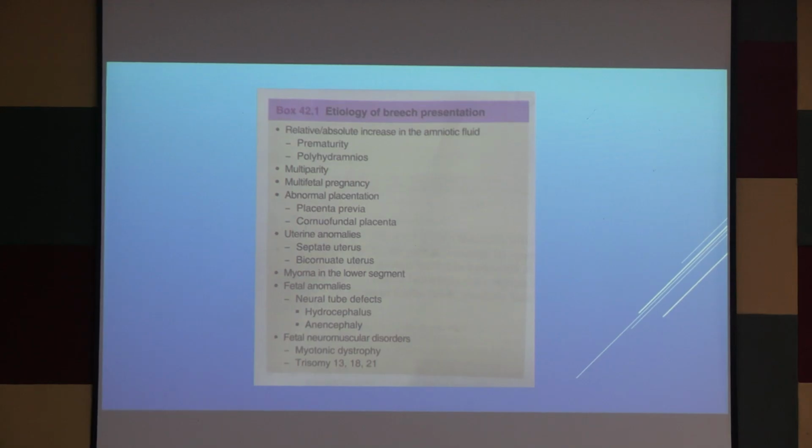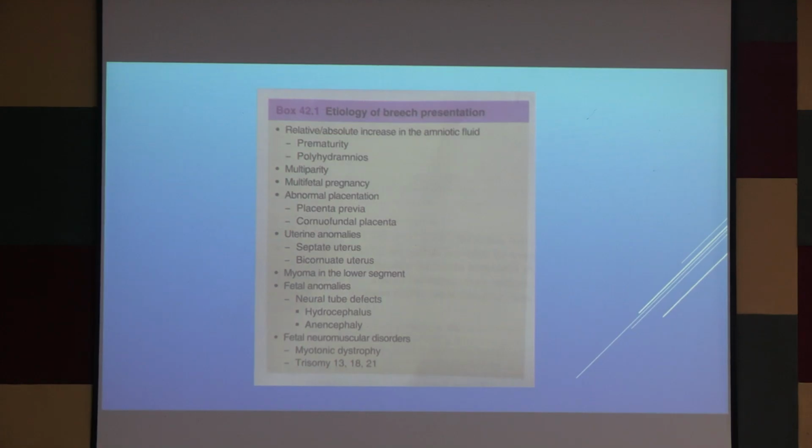And multiple fetal pregnancy. If the placenta is situated in the lower segment, that is placenta previa, it occupies the lower segment, so the head cannot come in the lower position.